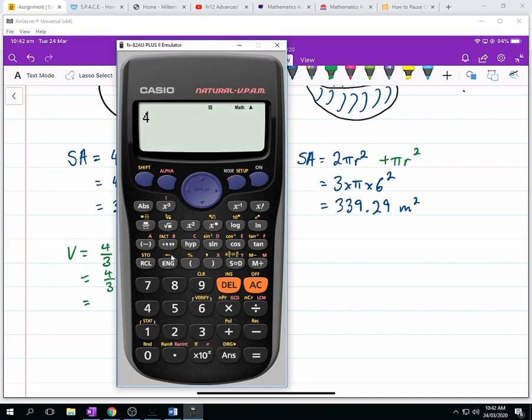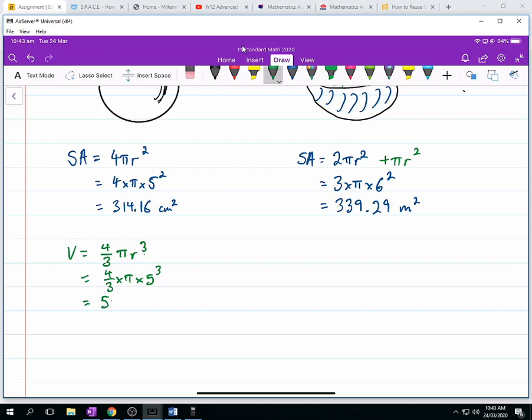That gives 523.60, rounding the 9 up to a 10 which carries to a 6. It is in cubic units because it's a volume, so how much space it takes up.